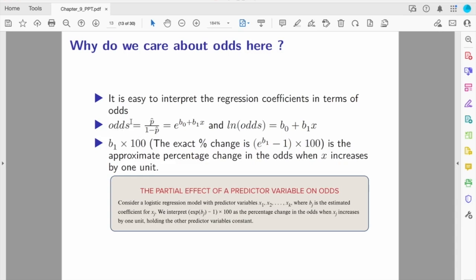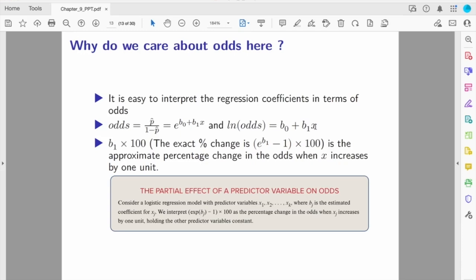As we said, the odds equal the probability over 1 minus the probability. If you do the mathematical applications, just mathematical equations, you're going to end up having ln of odds, or the log of odds, equals b0 plus b1 times x. And this reminds you of what? This reminds you of the exponential transformation that we did in the regression model.